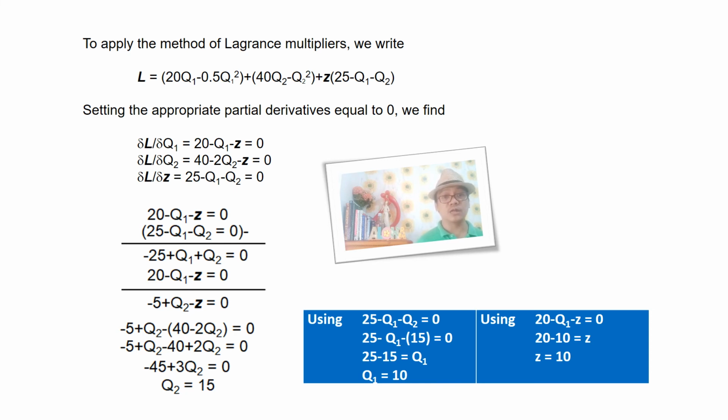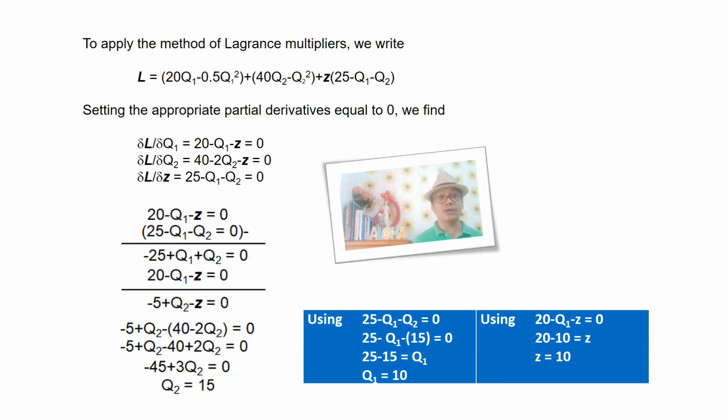In addition, note that Z equals 20 minus Q1, which is also equal to 40 minus 2 Q2, or Z is the marginal profit for Q1 and the marginal profit for Q2. In other words, the multiplier Z represents the common value of the marginal profit.